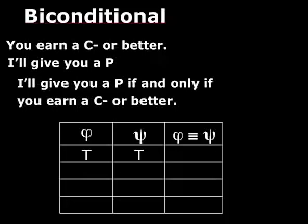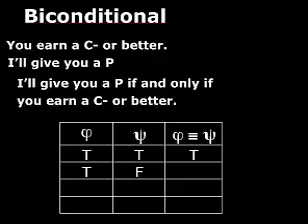Pretty easy. Suppose both components are true. I gave you a pass and you earned a C- or better. Did I lie to you? No. Okay, so it's true. The biconditional is true if both of the components are true. What if the first is true and the second is false? I gave you a pass, but you didn't earn a C- or better. You actually got a D, right?